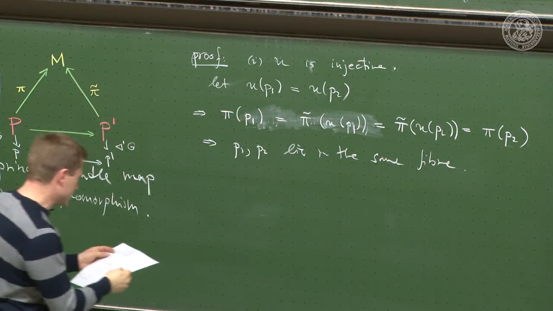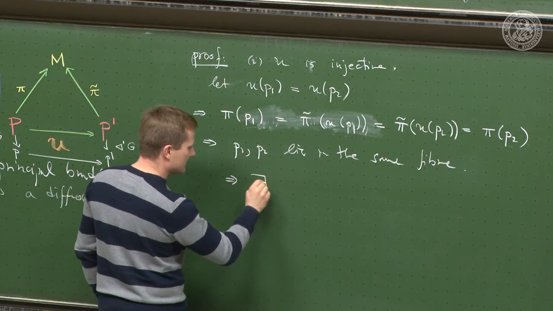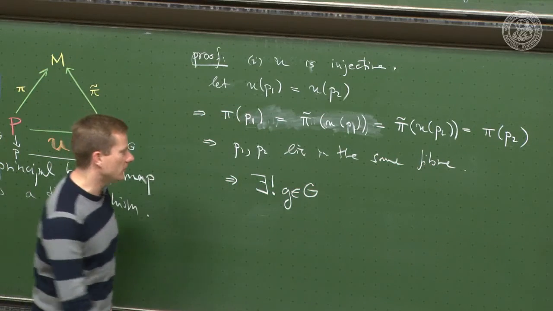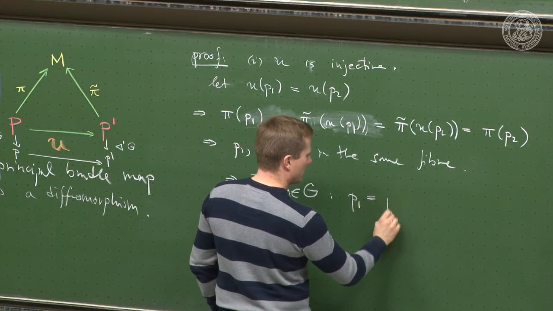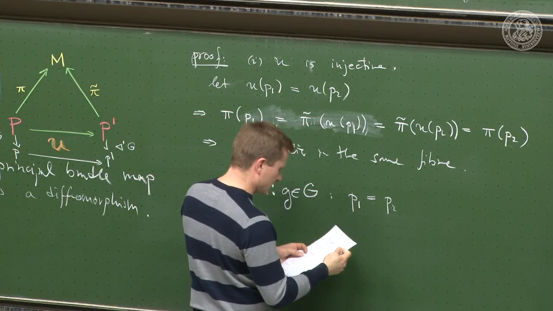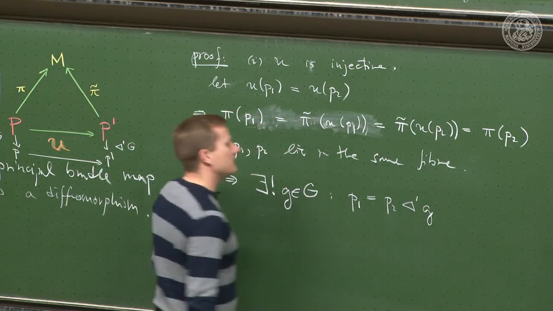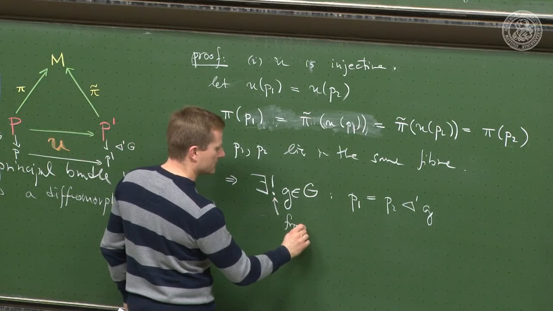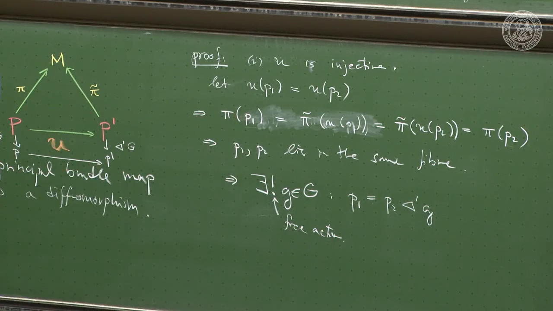Now because they belong to the same fiber, that means there exists a unique element G in our group that relates the two. So I can say P1 is P2 with G acting on it, whatever action we want to take. And this uniqueness is due to the fact that we have a free action and that we have a principal bundle, for that matter.